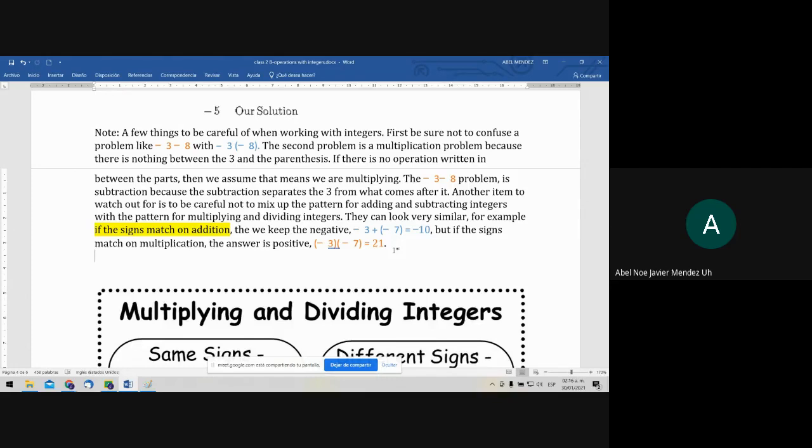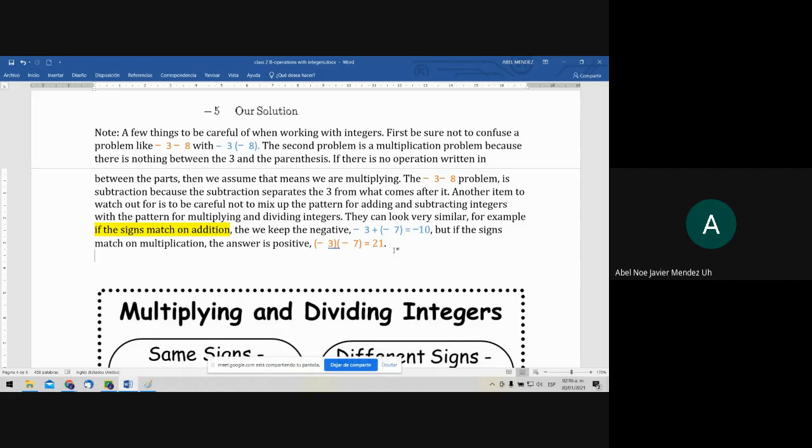If you have no symbol or a negative symbol before the parentheses, you can eliminate the parentheses.